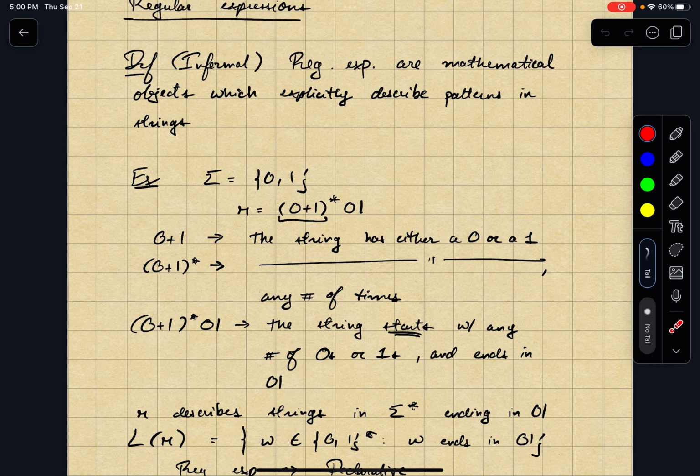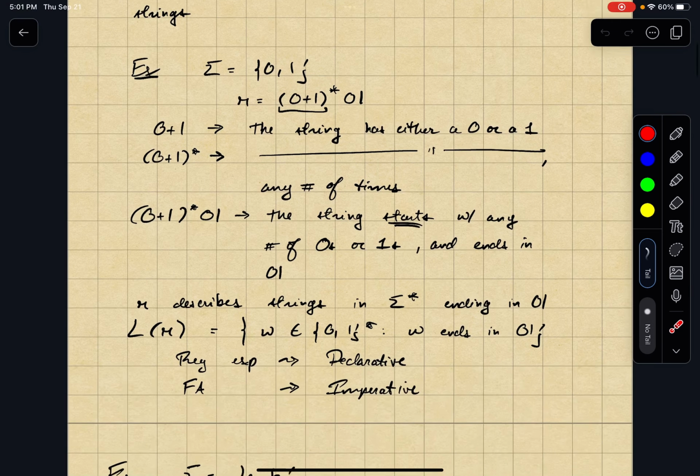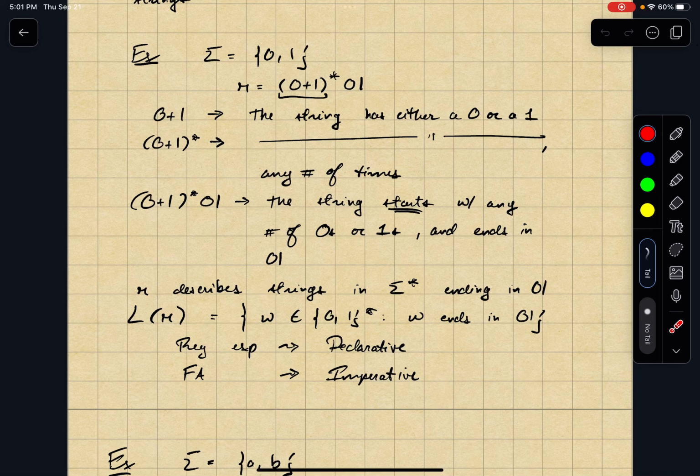Okay. So this regular expression matches strings that have any number of zeros and ones in any sequence, and then end in 0 or 1. And so what we would say formally is we would say the language described by R, so L of R, is the set of strings over the alphabet 0, 1 for which those strings end in 0 or 1.